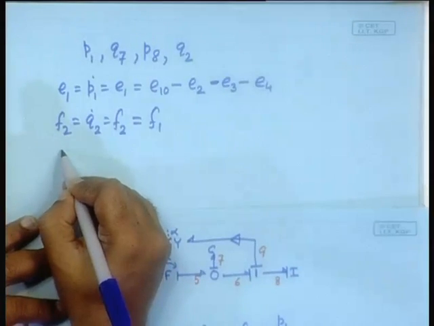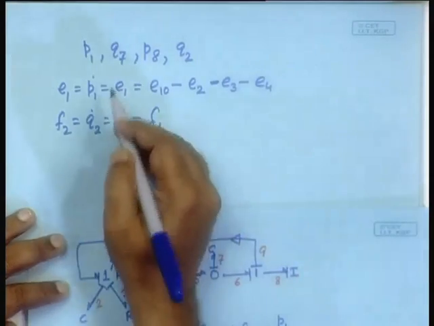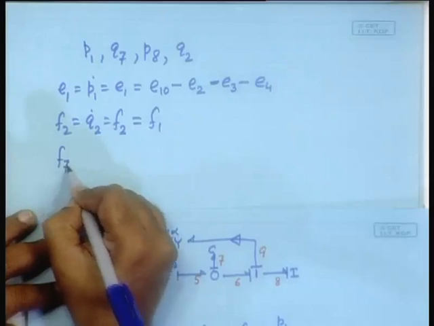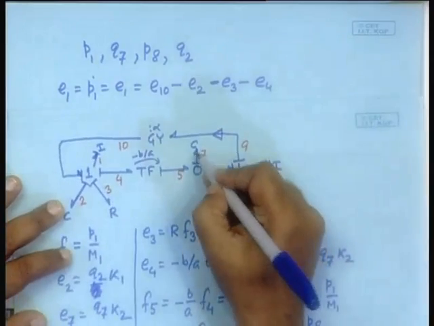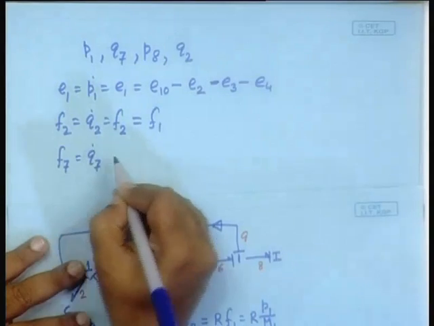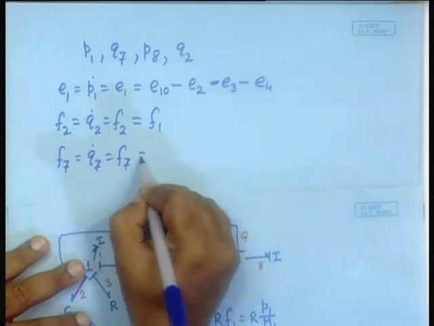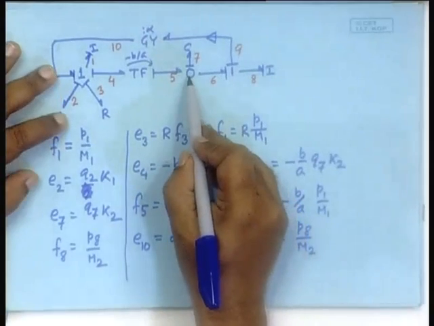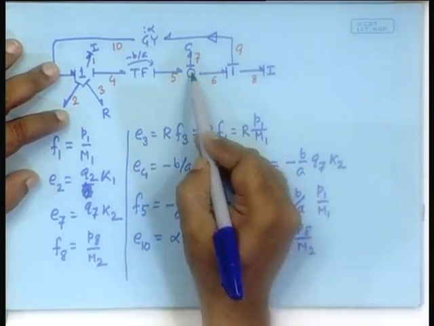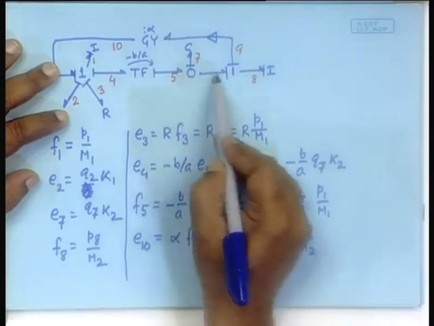Then we ask the question Q7. So, it receives F7. Q7 dot is equal to F7. Where does this information come from? F5 minus F6, right, it is a 0 junction. So, the flows are summed.